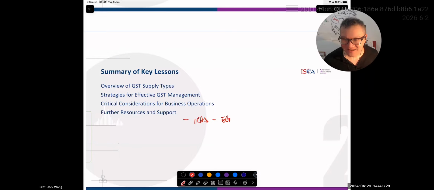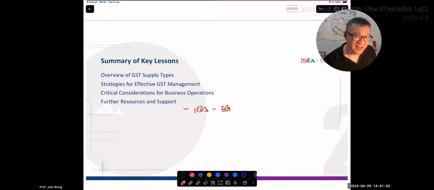Okay, the other thing, the resources, again, it depends on who you are. If you are just a student, then you may not need so much of this. Yet, if you are a practitioner, if you are a finance professional in charge of GST operations in your company, then I always say, have a good relationship built with your GST advisor, because your GST advisor can give you quite fast answers to your GST questions.